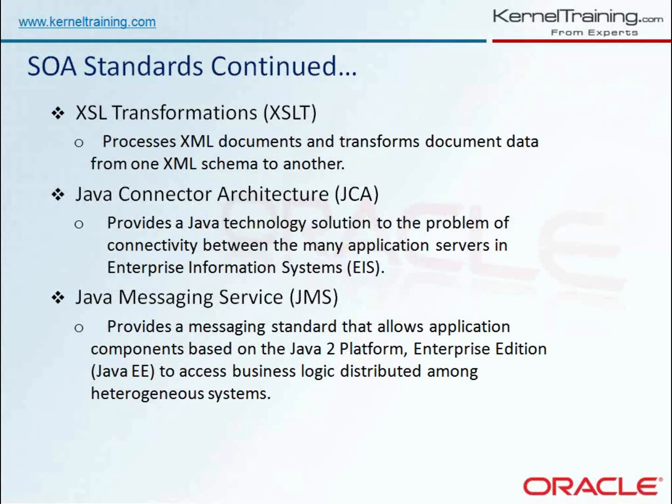What SOA will do is take a message from the Java application, transform the message internally, and send it to the .NET application. How does SOA do this? It has a language known as XSLT, that is XSL transformation. It is itself a different language. Using this, it will format the message.